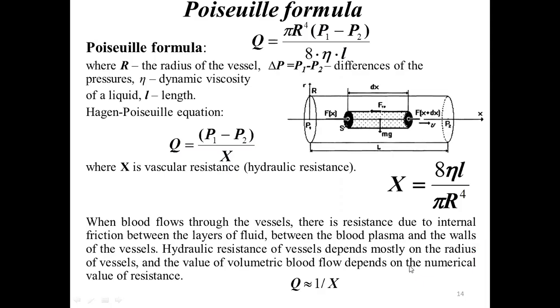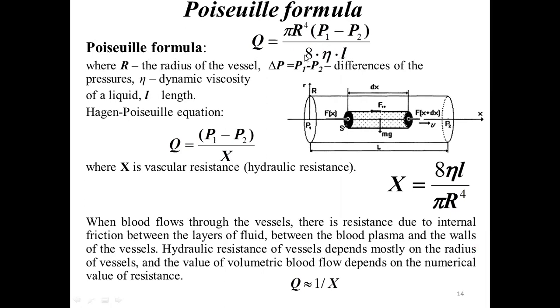Then the main equation of hemodynamics we call the Poiseuille formula, and this formula relates volumetric velocity with the gradient of pressure, with geometrical parameters of our vessel, and the viscosity coefficient.